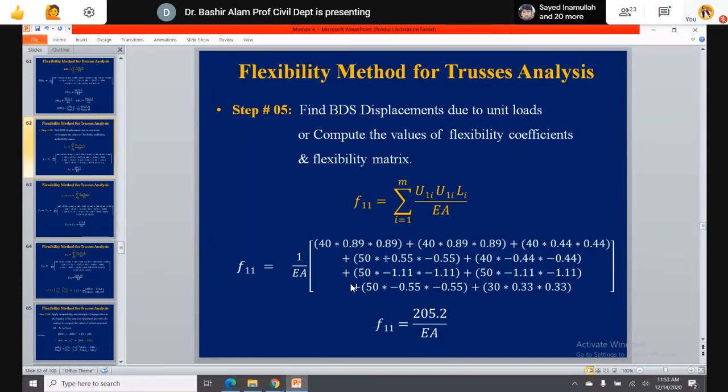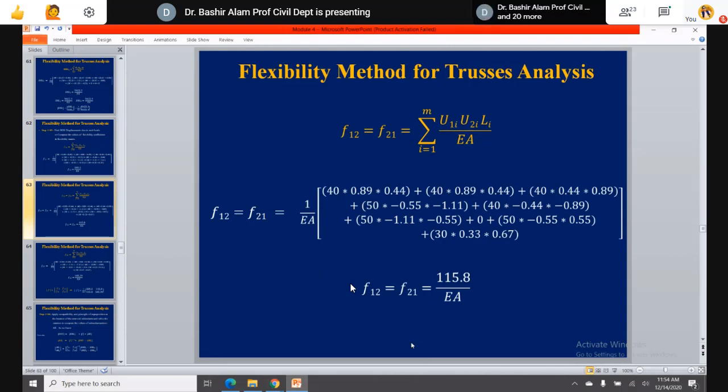So it is redundant to mention. This is just to make you understand from where we are getting these values. So you can directly write down 40 times 0.89 squared, 40 times 0.89 squared, or you can combine them: 2 times 40 times 0.89 squared. These two have the same values. Then 40 times 0.44 squared, here 50 times minus 0.55 squared, directly you can do it. And finally we get F11 equal to 205.2 over EA.